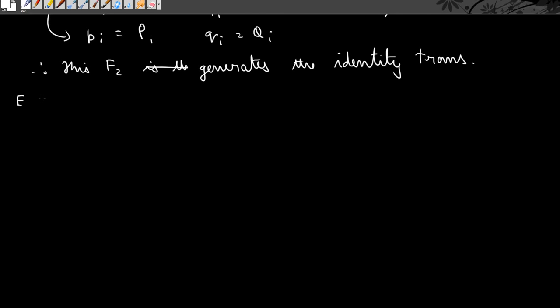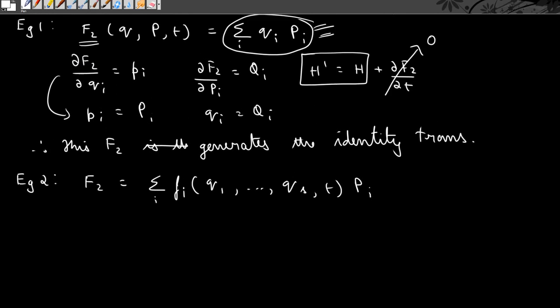So let us take another example, example 2. Here we are going to consider F2 to have a functional form of the following structure: summation over i of f_i, where f_i is a function of the old coordinates q_s, where s is the degree of freedom, multiplied by the new momentum P_i.